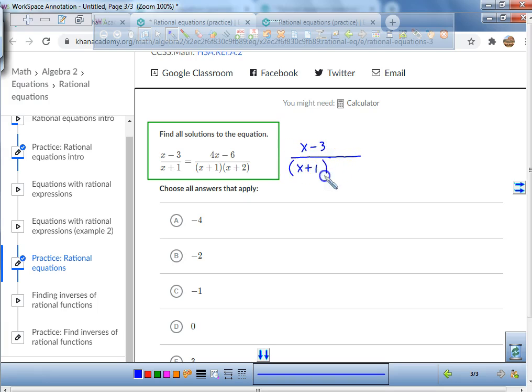I'm going to put that in parentheses and set it equal to 4x minus 6 all over parentheses x plus 1, x plus 2. So what do you think our least common denominator is going to be?